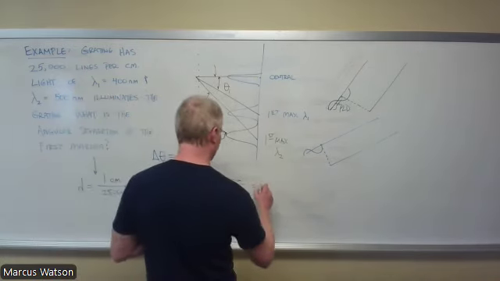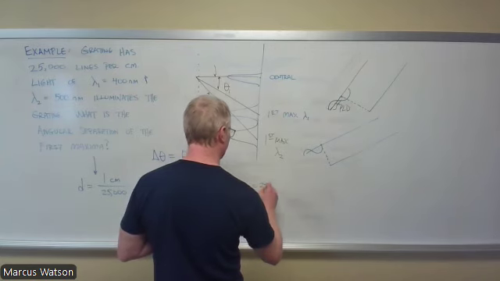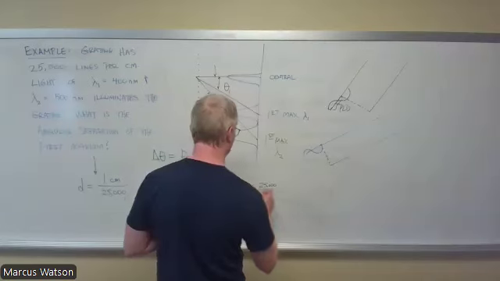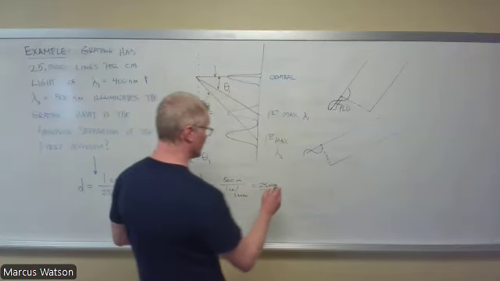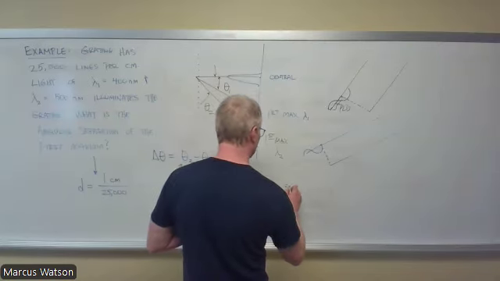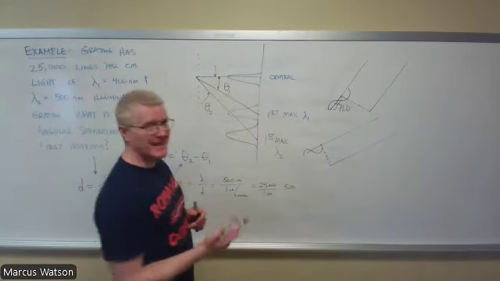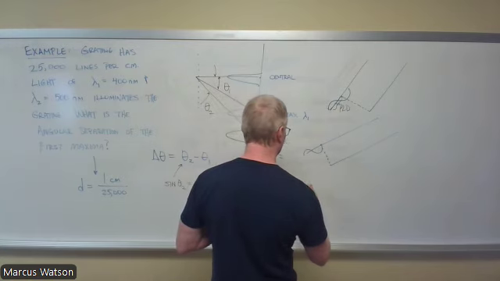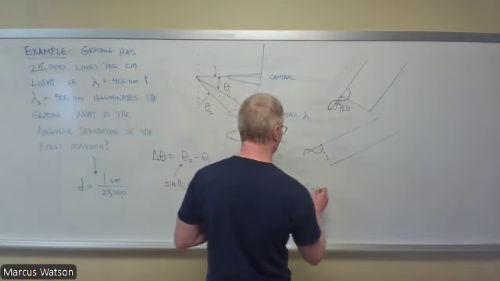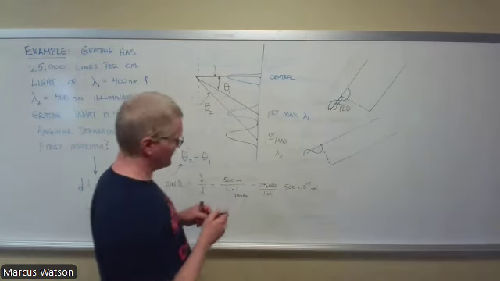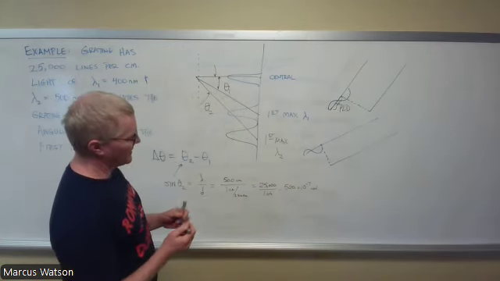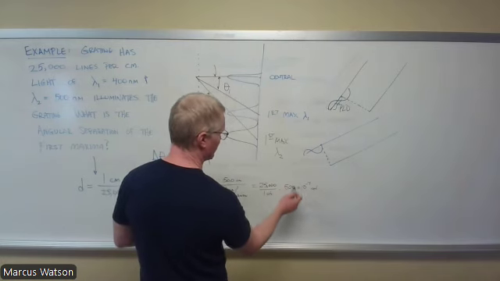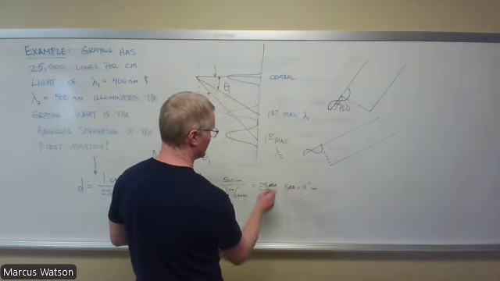This is 25,000 divided by 1 centimeter, multiplying 500 nanometers. That's 10 to the minus 9th of a meter, so this is 10 to the minus 7th of a centimeter. And now I'm going to delete these centimeters, and I'm going to get, let's see, 10 to the minus 7, so we'll go 6, 5, 4, 3, 2.